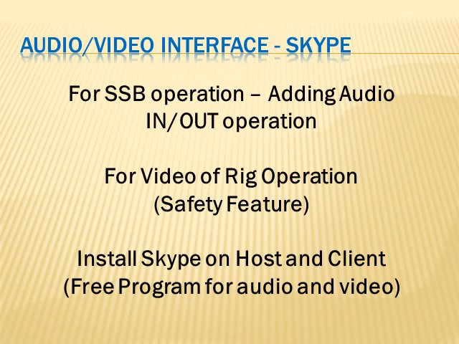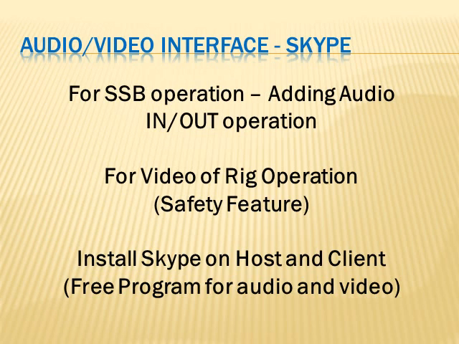Also, for a video operation of the rig, that is a safety feature that I use to see if the rig is turning on properly as the software is telling me. I use a little video camera sitting in front of the TS590S, and that is connected back to a program called Skype, which you probably have used before for online communication.